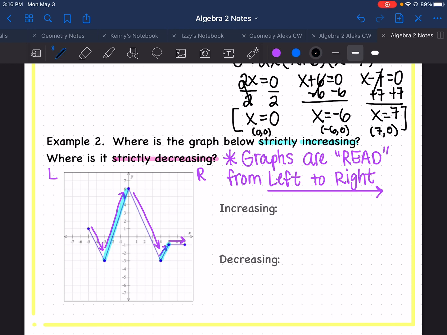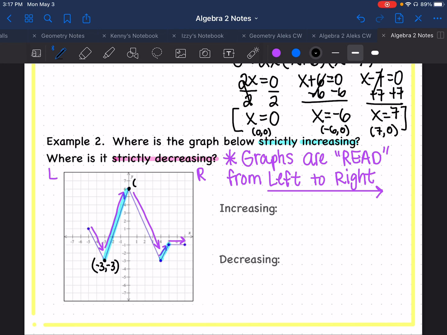And then how would I write that? Well, what you're going to have to do on your assignment today is you're going to need to know the x values of these 2 points at either end of your increasing interval. So this one would be -3. And if you look at it as an ordered pair, it is -3, -3.